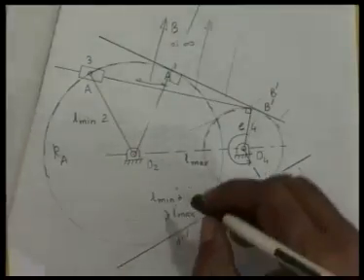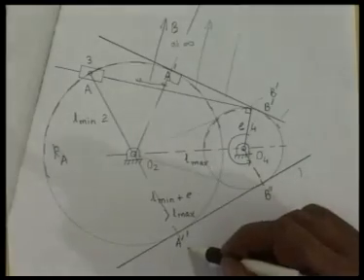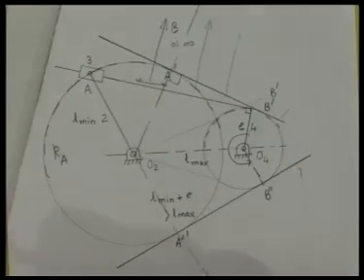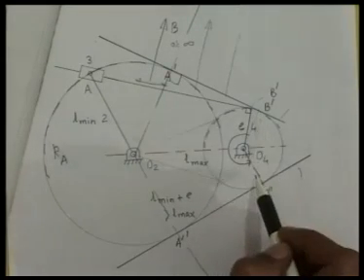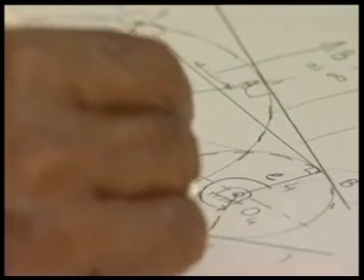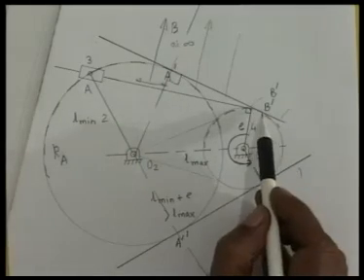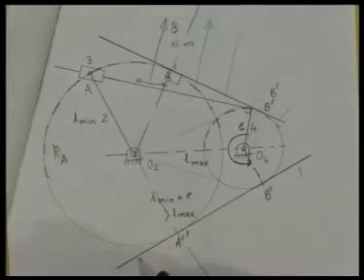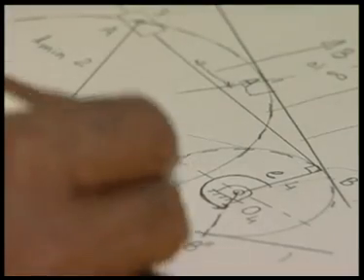Same is true for the other configuration, O2A double prime and B, which is perpendicular to this line, direction of sliding, has become collinear. Consequently, link 4 has taken its extreme positions. So, this is the angle through which link 4 oscillates, where O4B prime is tangent, common tangent I have drawn, and this is the point of tangency. This is the common tangent to these two circles. This is the point of tangency.